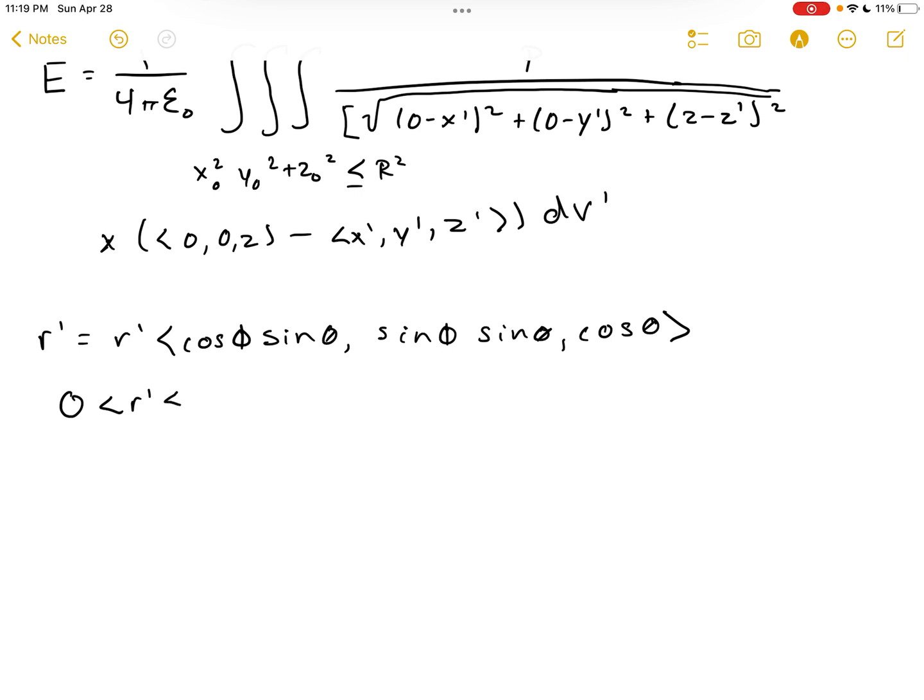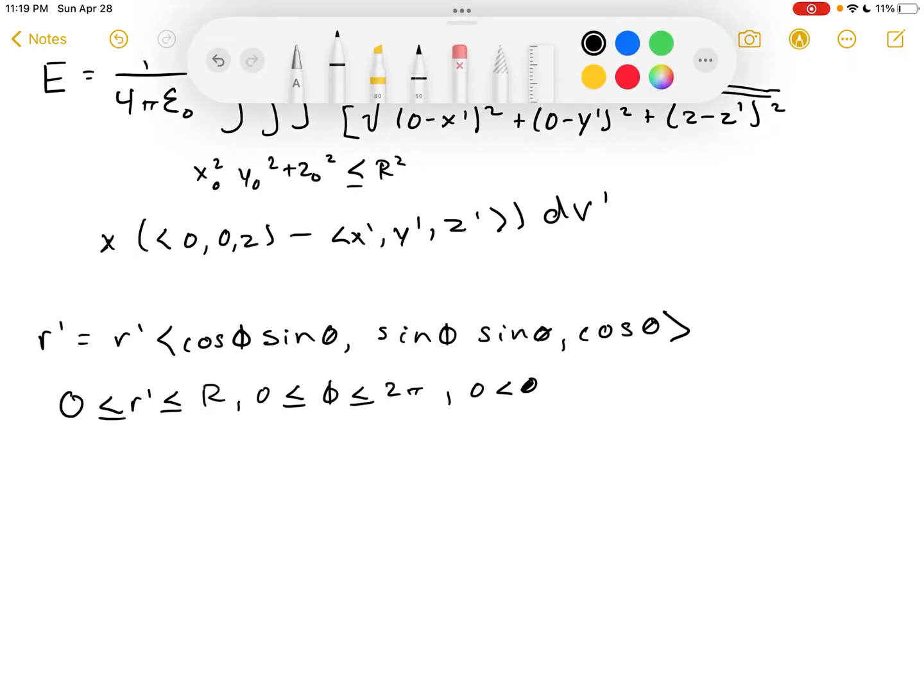r less than or equal to big R. Zero less than or equal to phi less than or equal to 2 pi. 0 less than or equal to theta less than or equal to pi.